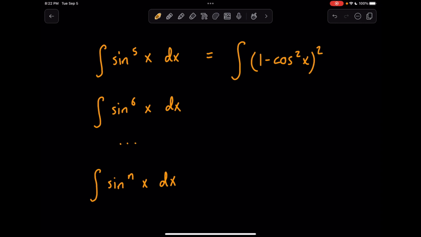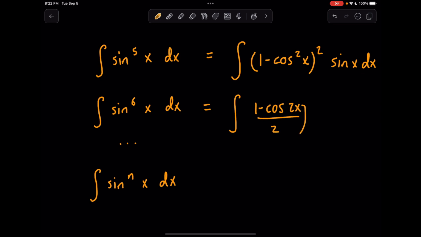So sine to the 4th would be if we squared that whole term, and we have a sine x left over. And now we could u sub for cosine the same way we did for sine cubed of x. And if we had sine to the 6th of x, we could use our power reduction identity, except this time instead of squaring it like we did for the 4th, we'll cube it for the 6th. And you can keep following this pattern in order to solve sine to any power.